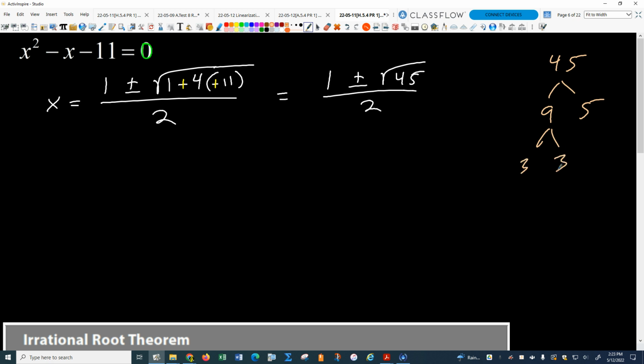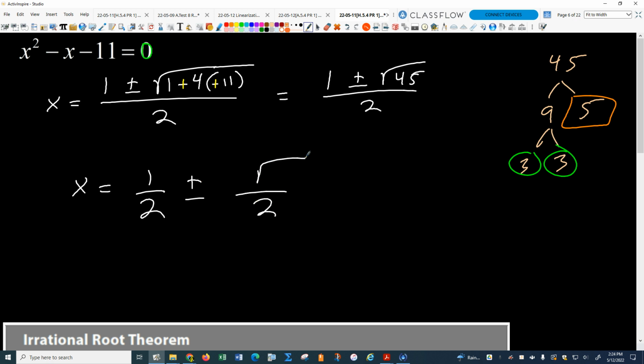So I'm going to split the denominator, so I get 1/2 plus or minus. My outside number is a 3, and my inside number is a 5.